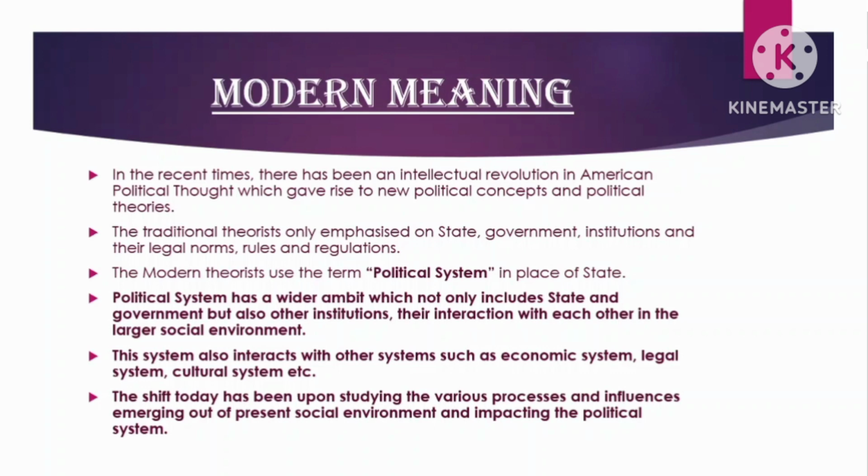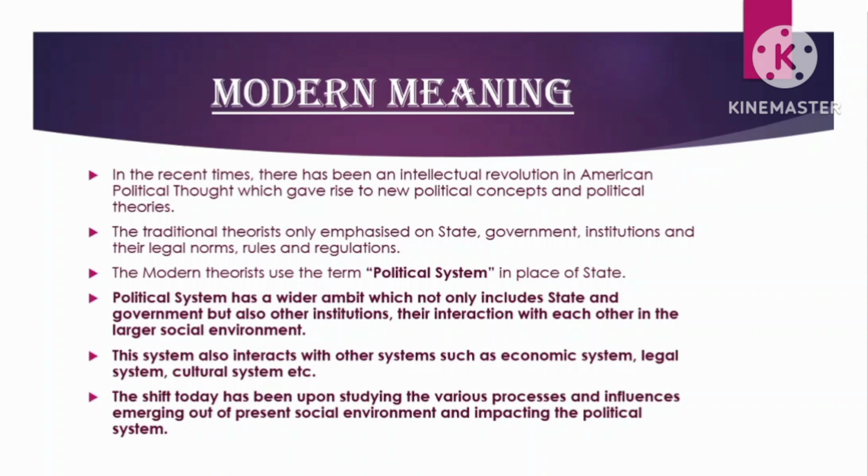Now we see that a change in political behavior, or a change in the working of political parties or trade unions, or in their demands and wishes, also changes and shapes the politics of a country. So today every institution and association in the social environment also impacts this political social system.